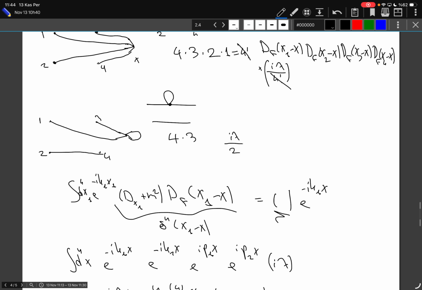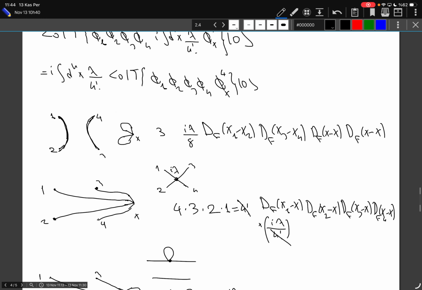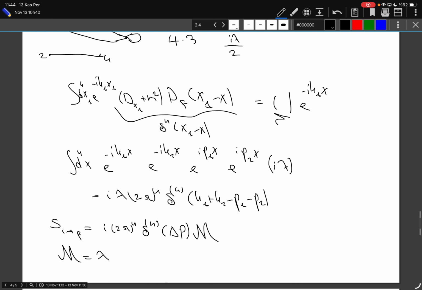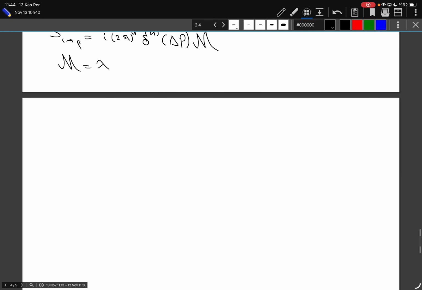Okay, so let's look at what happens to these diagrams. If you remember, in fact, if I have, let's say, this diagram, in the next order, I will get such a diagram also.